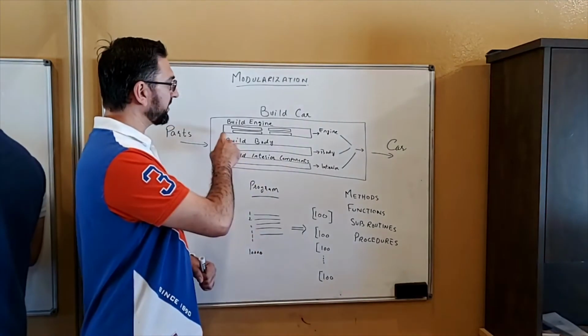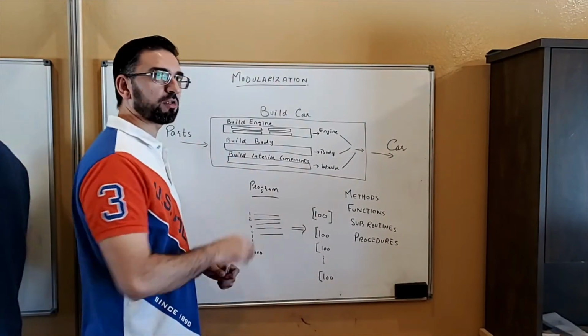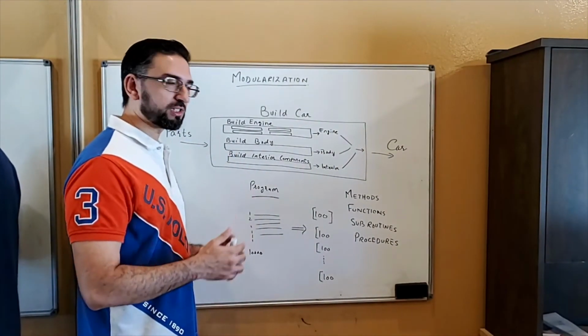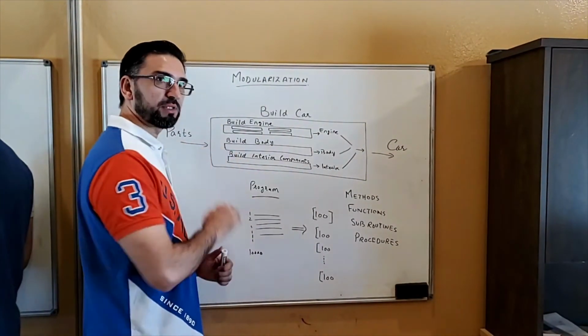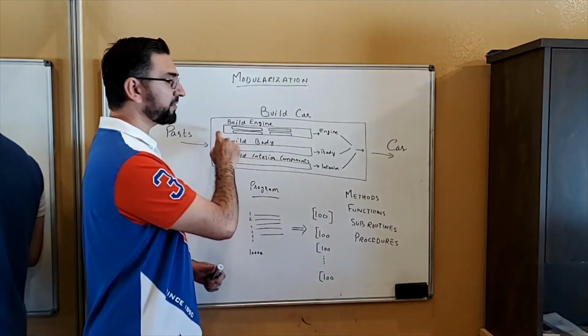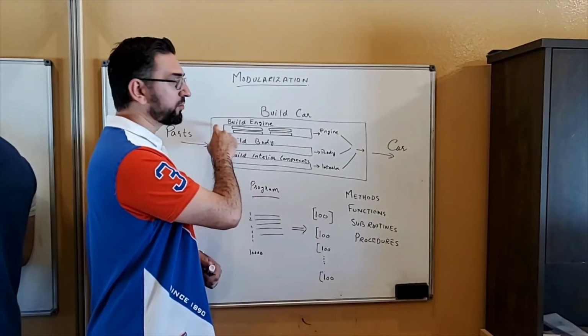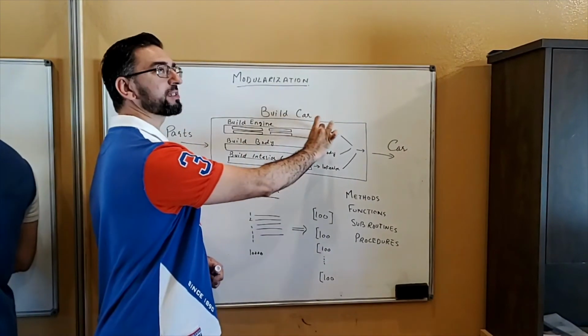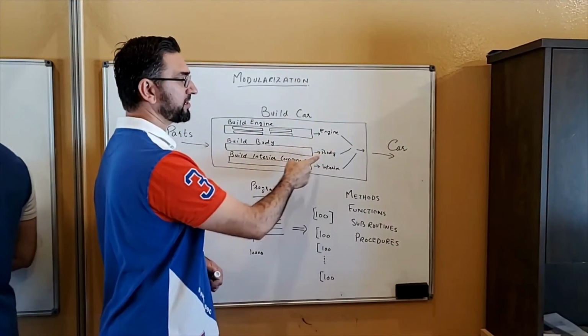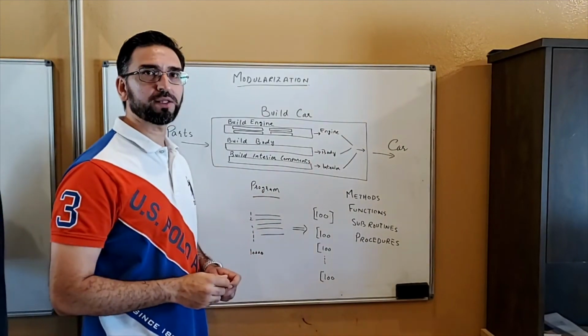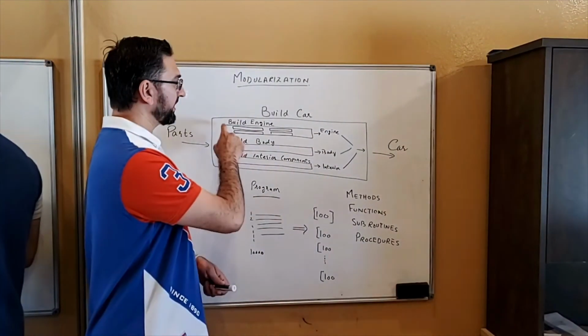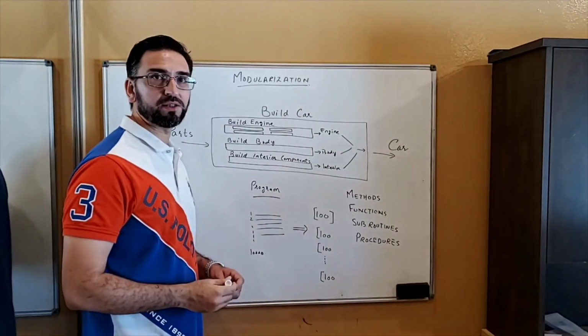For example, if you have to build another model of the car or another body style, you have to change the build body assembly line, right? However, if you want to use the same engine, you don't have to make any changes here. You can continue to use the build engine assembly line, and at the end, when you have the engine and the body, you just combine them together. So you are reusing the build engine assembly line in this case.